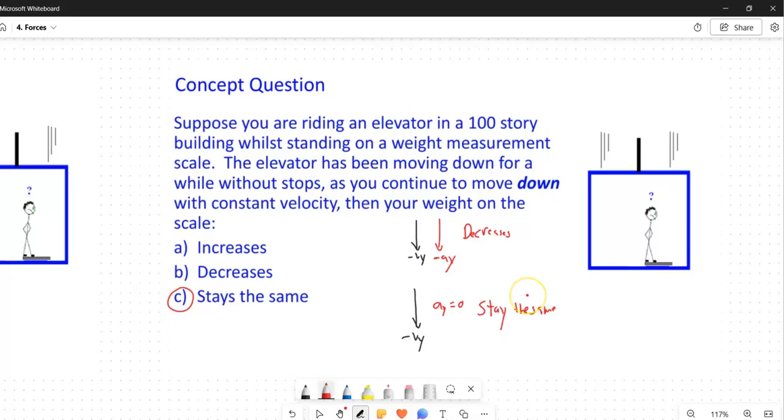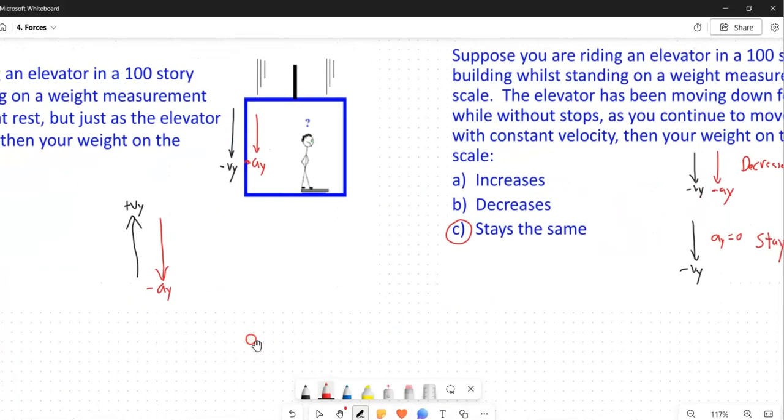Because in that state, when you're moving at a constant velocity, it's unclear who's moving relative to who. Are you moving? Is the building moving? If the building's moving, you're standing still, but from a different perspective, you feel like you are moving and the building is standing still. So again, it's kind of like drinking coffee.